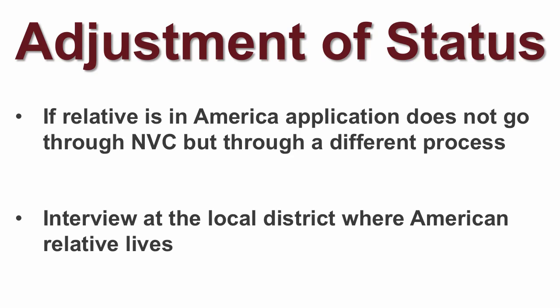What happens is only those relatives, whether it's immediate relative classification or those family-sponsored preferences, that are open or available now, which means, for example, you filed a petition 5 years ago and it's now available, assuming you're eligible on all other bases, you can file your petition for adjustment of status from, let's say, a tourist to a U.S. resident, and have your interview done at a local district office where your U.S. resident or American relative lives.